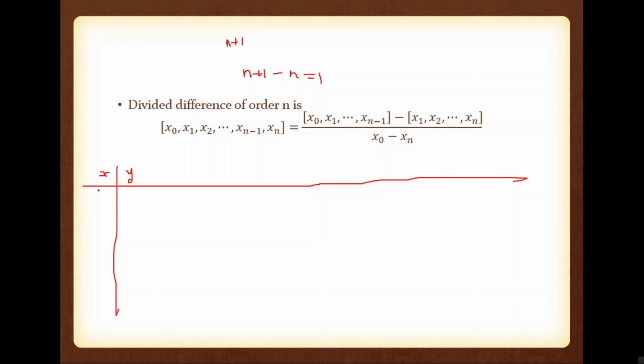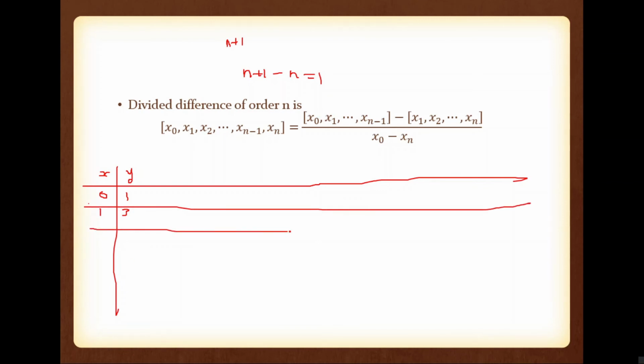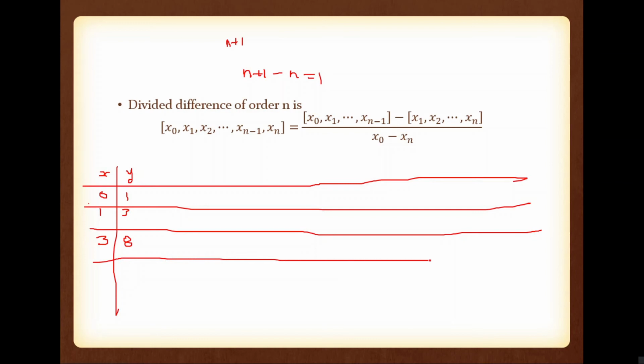Take 0 comma 1, say 1 comma 3, then 3 comma 8, then minus 1 comma 4.